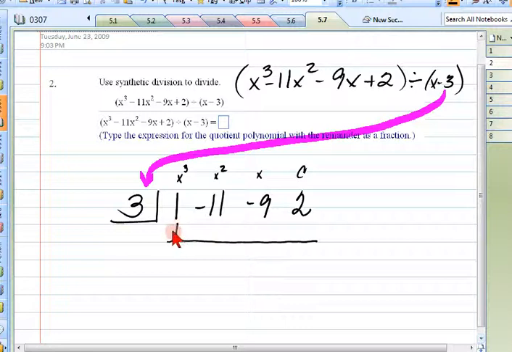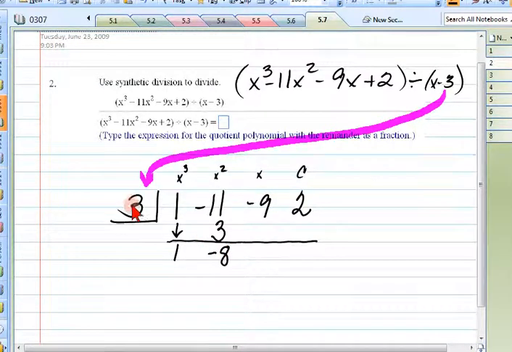Always, always bring down the first number. That's your starter. Everything is multiply, write it down, add it. So multiply 1 times 3 is 3. Write it down, and now add. What's negative 11 and 3? Negative 8, isn't it? And then repeat.